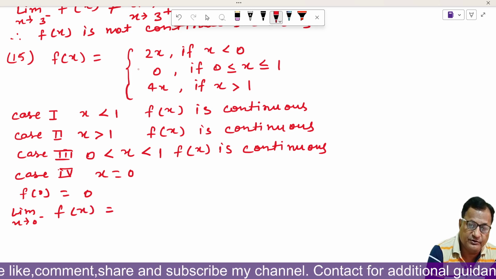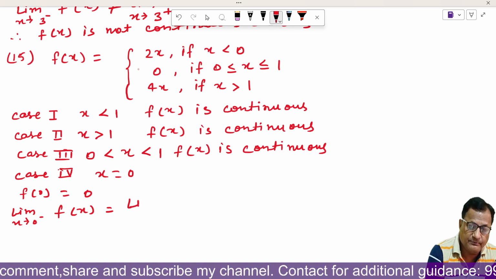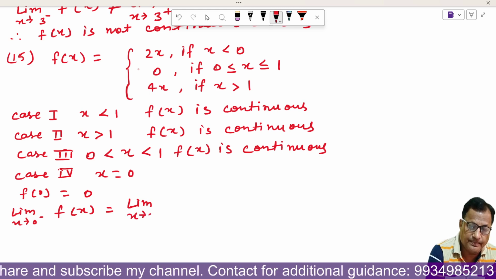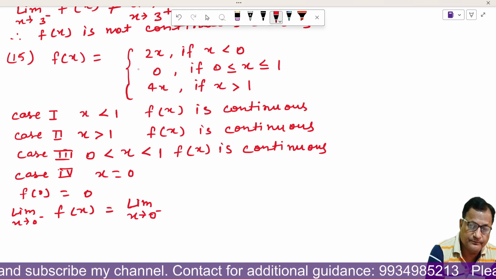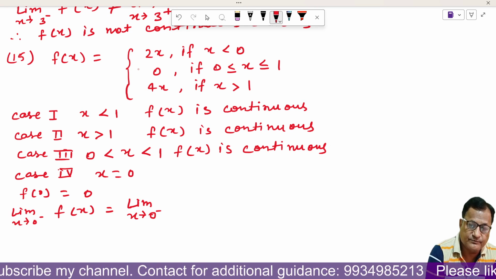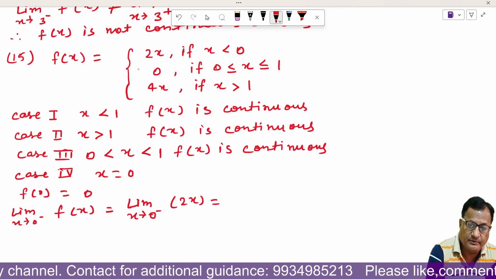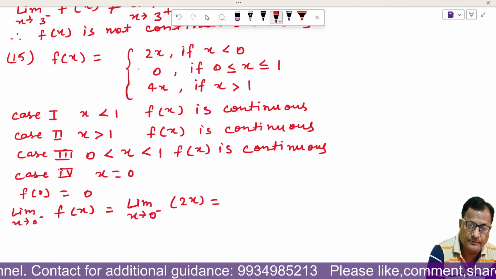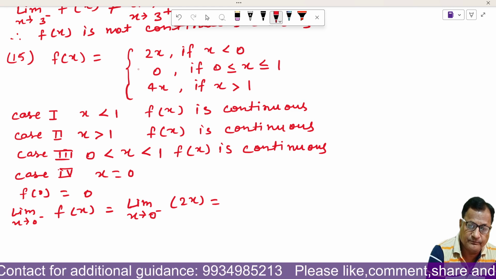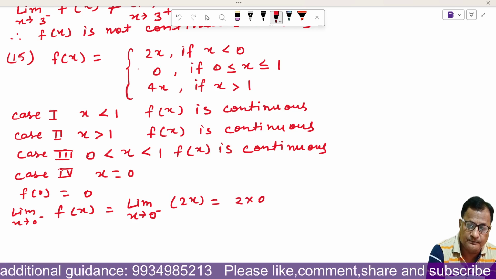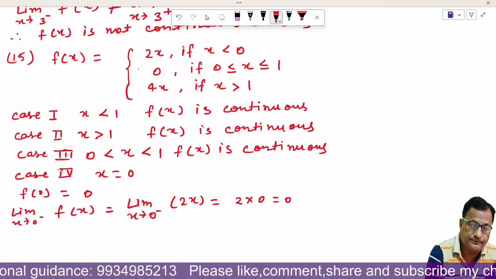So less than 0 we will use this formula. We will put the value of 2 into 0 is equal to 0.